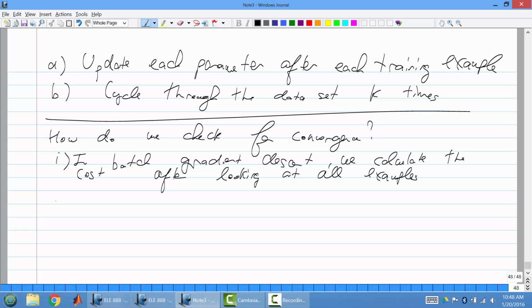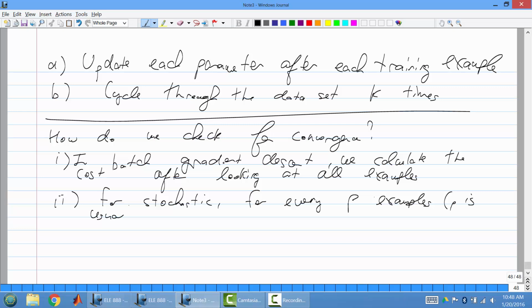For stochastic gradient descent, the usual practice is that for every P examples, where P is usually between 1,000 and 2,000, somewhere around that neighborhood, you calculate the individual cost of each example.